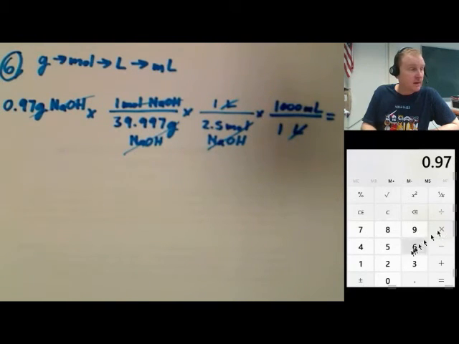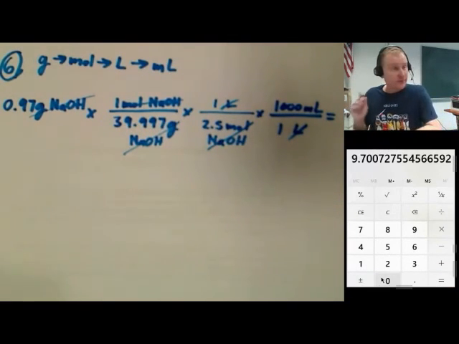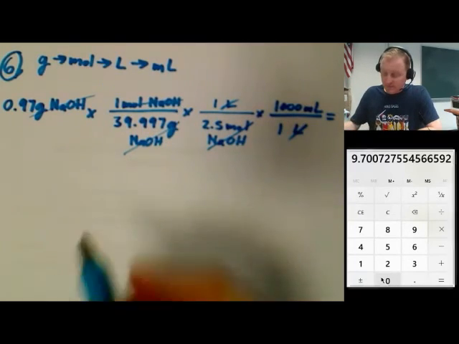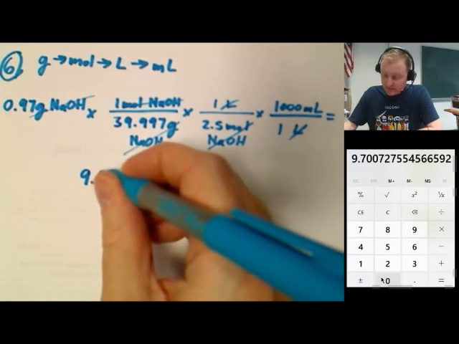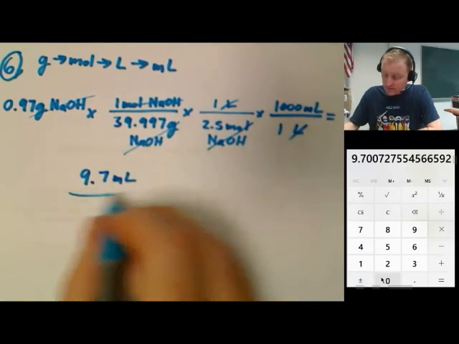0.97 divided by 39.997 divided by 2.5 times 1,000. With two significant figures, my answer is 9.7 milliliters.